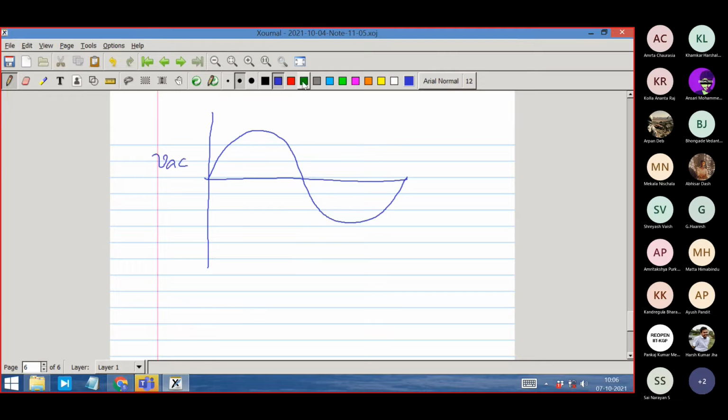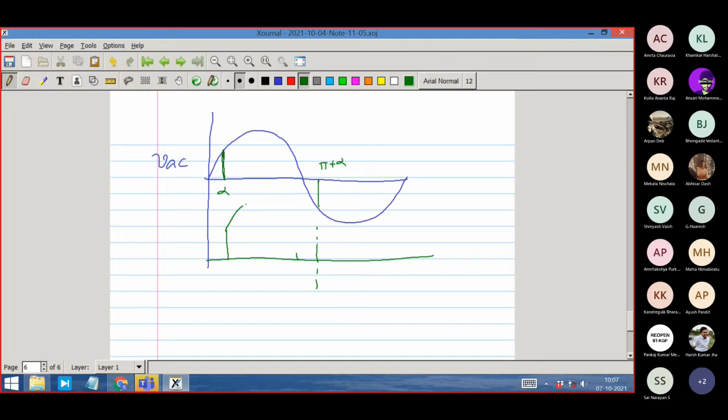Let us draw a firing angle alpha here, and this is alpha, then it will end at pi plus alpha, and symmetrically it will be happening for this. So the rectified voltage that you are getting is essentially this chunk of the voltage of the AC supply. So you are getting a voltage, 0 is here.